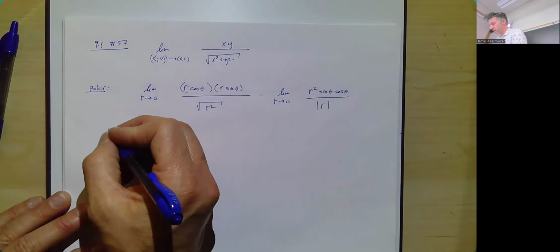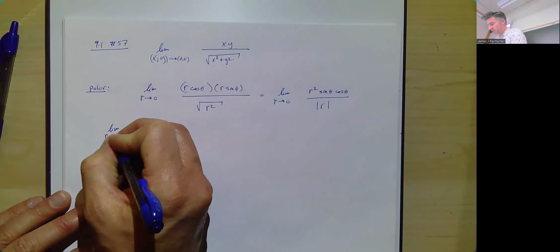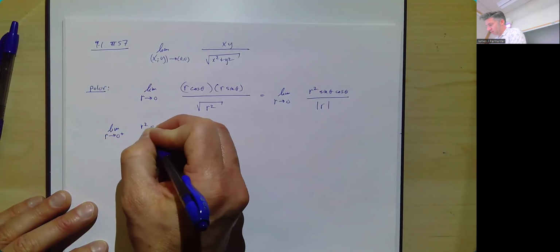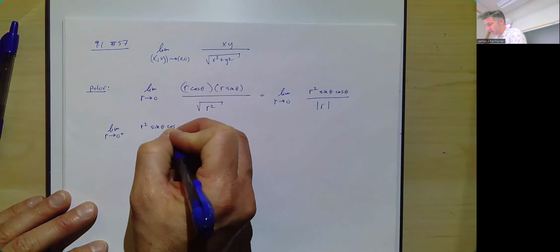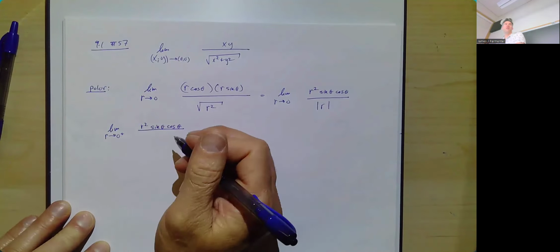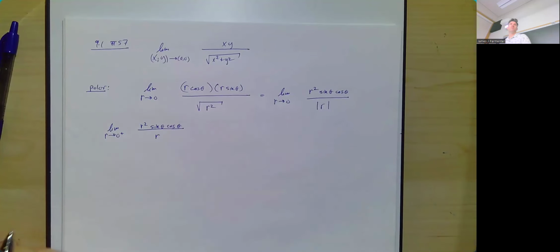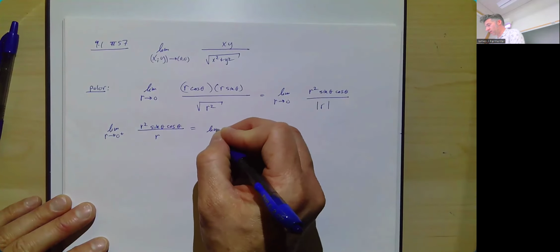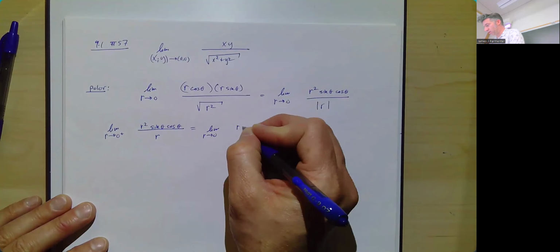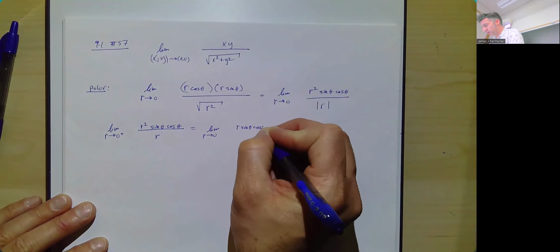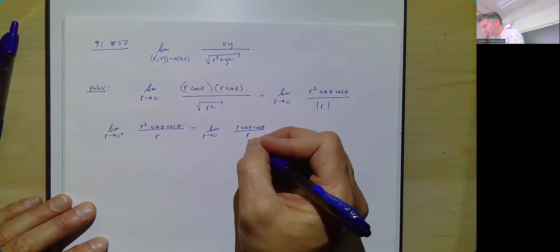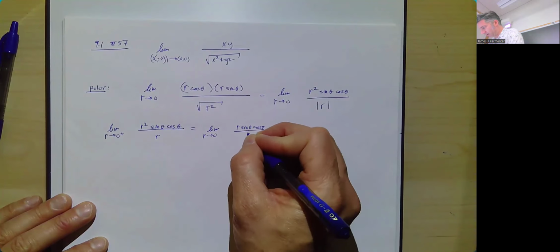So we can say the limit as r approaches 0 from the right. If r is positive, then the absolute value of r is just r. What's the absolute value of 5? Just 5. So then we cancel an r. We get the limit as r goes to 0 of r sine theta cosine theta over 1. Sorry, that's terrible.